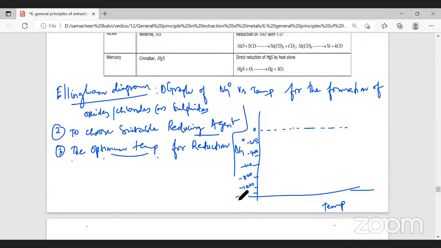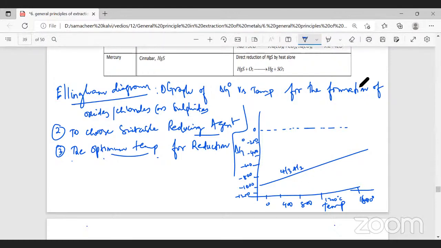Here, this is 0 degrees, this is 400 degrees Celsius, 800, 1200, and 1600 degrees Celsius. Now, a few graphs we will learn. One is this. I write this, it looks complex. 4/3 Al2O3.